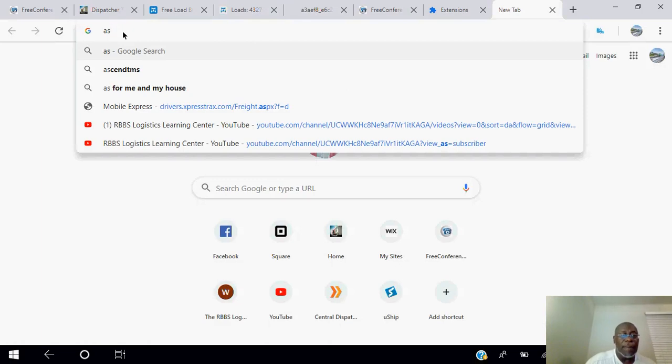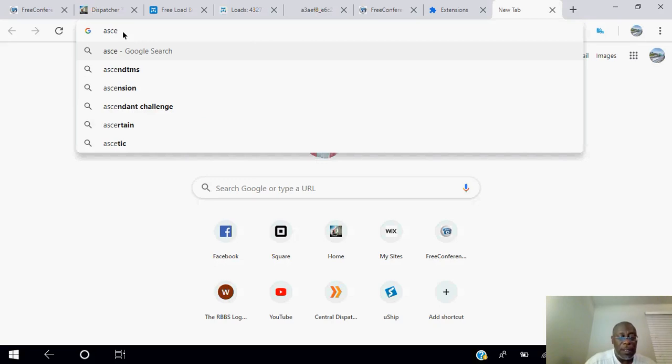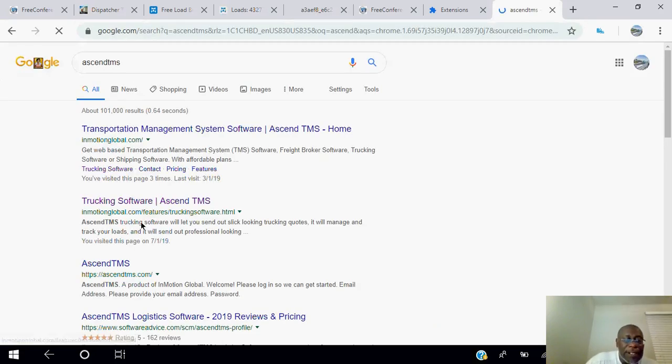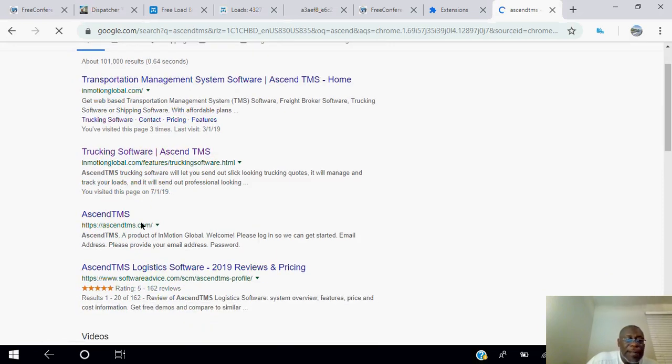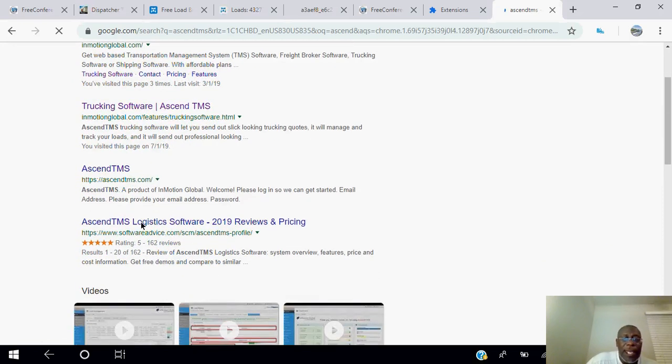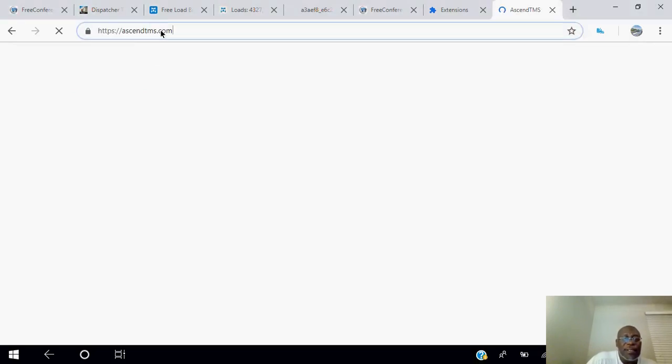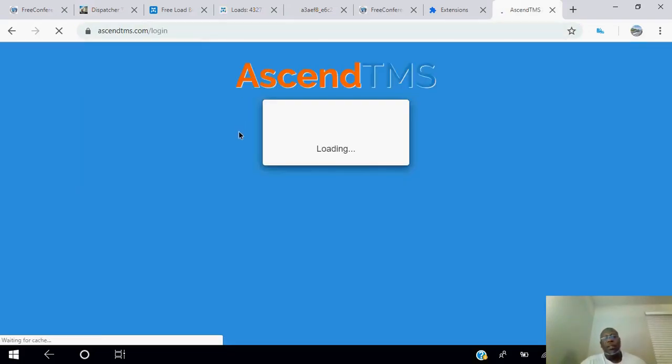I don't know if I have mine loaded up on this computer. It's going to have it loaded up into some type of a TMS system, which is going to be like this. Let me see if I remember my password. I know I got it memorized on my other computer, but on this one, I'm not sure.